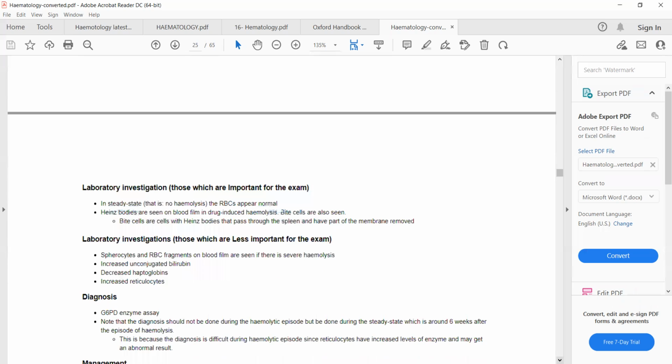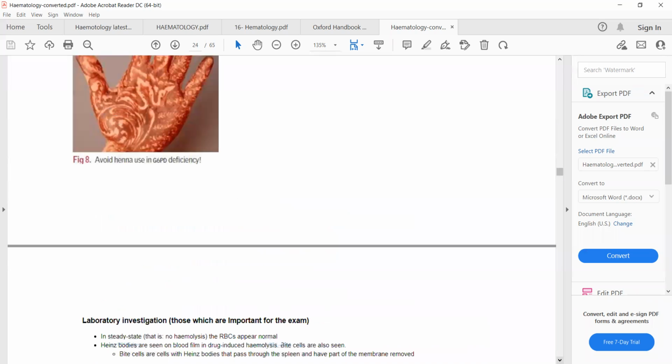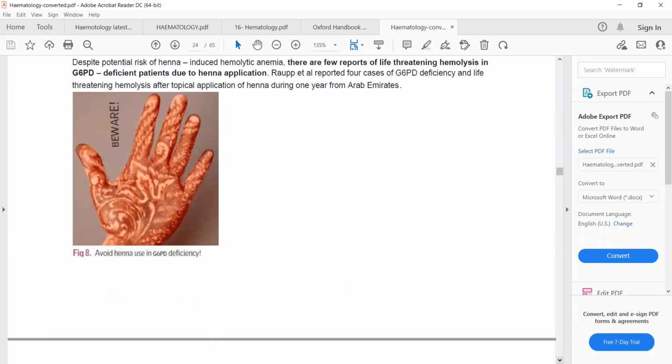Question: how does that process occur, if someone wears henna and it sets off hemolysis? Topically applied henna, the chemicals that are present in henna, can be absorbed through the skin into the blood vessels and expose the body.